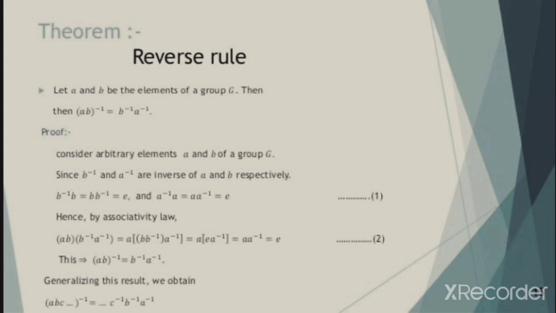Now by associative law we can write (ab)(b inverse a inverse) equal to a(b b inverse)a inverse, so we can write it as a e a inverse, which will be equal to e, as we know. So (ab) inverse will be equal to b inverse a inverse.